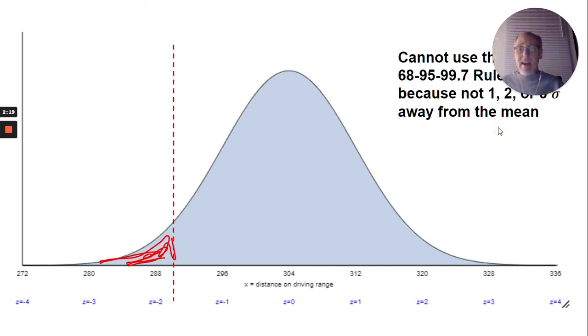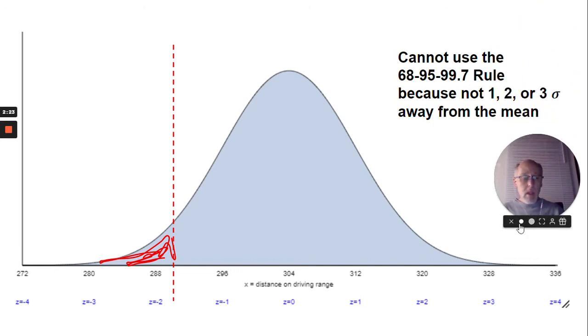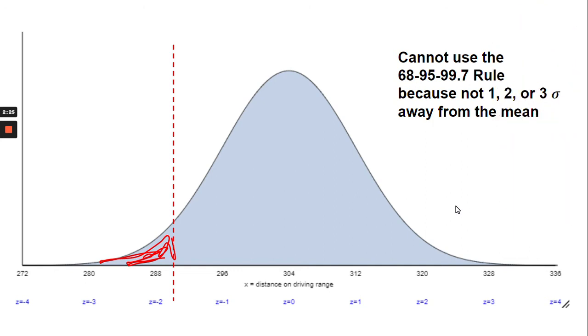As a matter of fact, it falls somewhere between them. He said no more than 290, so it's 290 and below, so we're interested in that area that we see there. But that's not one of our standard 1, 2, or 3 standard deviations.